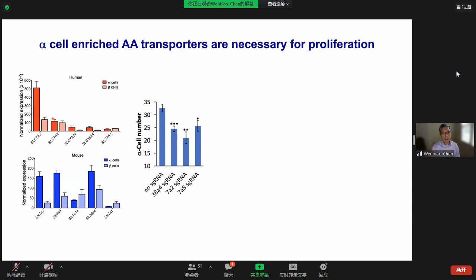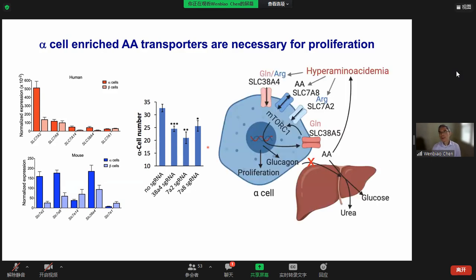So, taking advantage of the fast turnaround in zebrafish, we knocked out those SLCs. We found that indeed, knockout of all 3 can suppress the alpha cell hyperplasia phenotype in the double glucagon receptor knockout animals. So now we have increased the number of genes that we know are involved in this alpha cell hyperplasia phenotype.